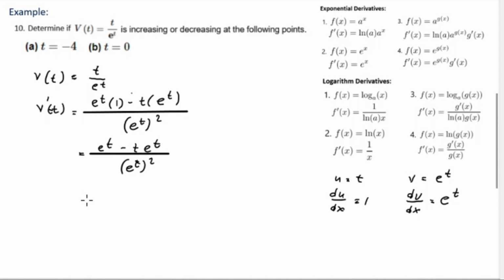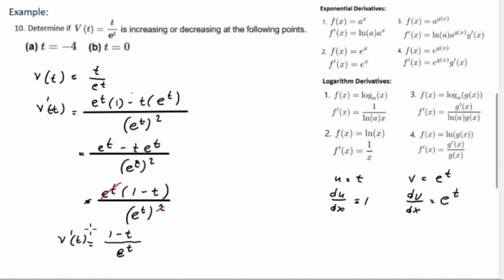Then we extract the similar term e to the t, giving 1 minus t, divided by e to the t squared. We cancel out e to the t, leaving 1 minus t all over e to the t. And this is the derivative v of t prime.